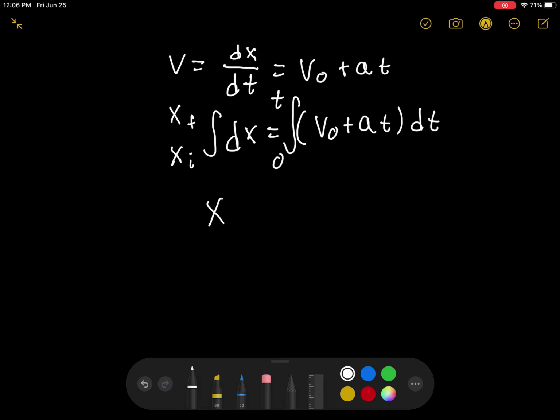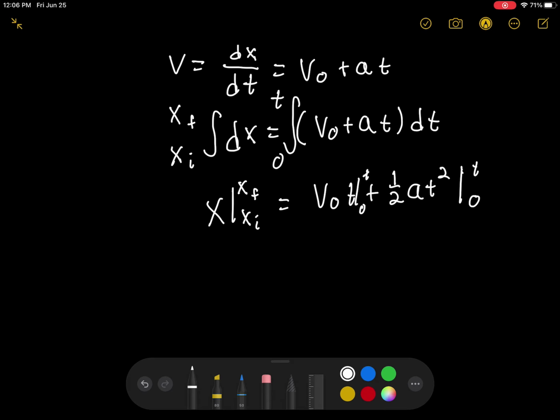So we're just going to evaluate x from some initial position to some final position. And the right hand side, v0 t plus at squared, and then divide that by 2. Both of these are from 0 to t.